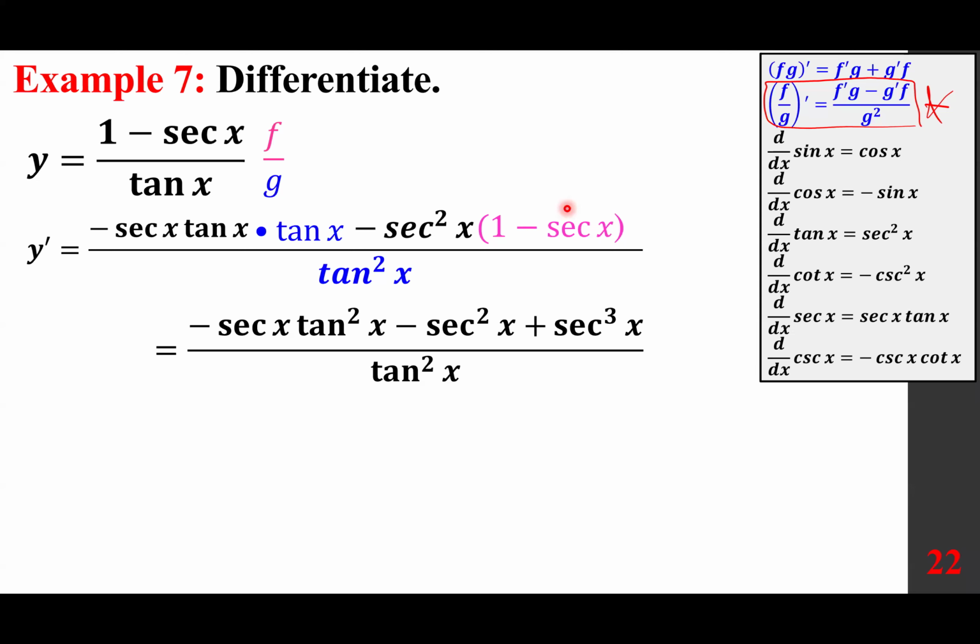Now notice, as far as the numerator is concerned, we have a common factor of secant x, so we can keep everything. The denominator is tan squared. In the numerator, we want to factor the secant out. So if we do that, the first one gives us negative tan squared. This gives us negative secant, and this gives us positive secant squared x.